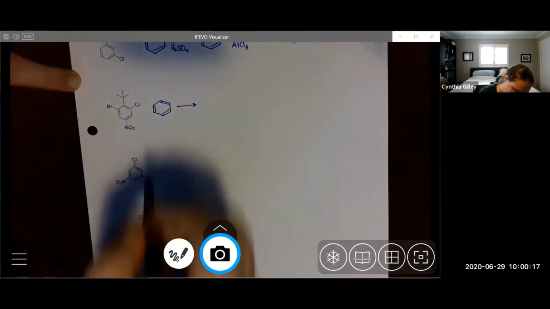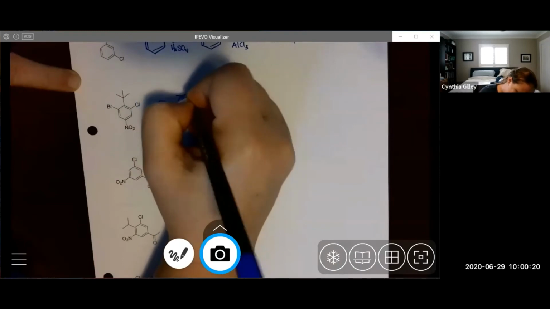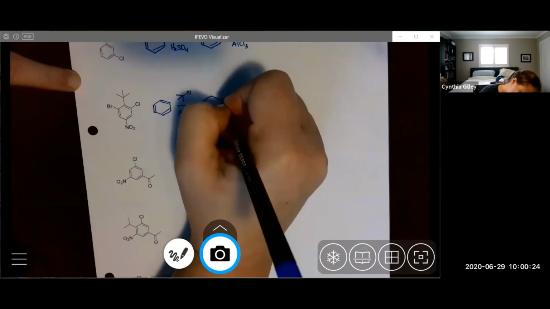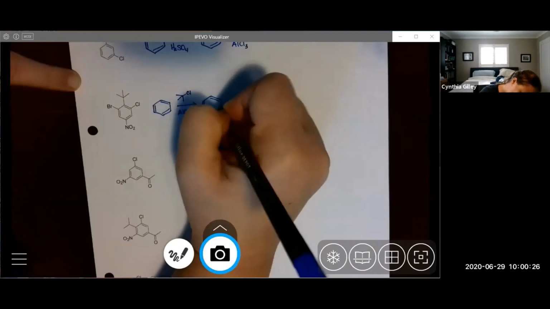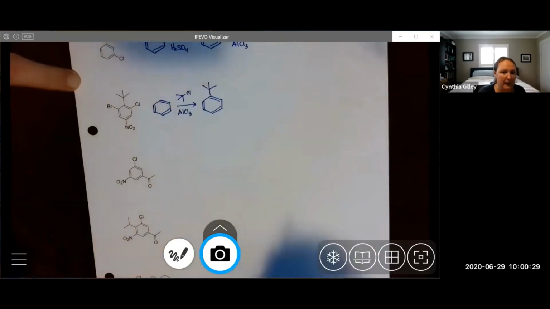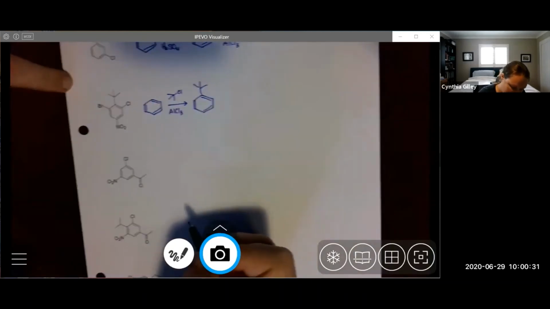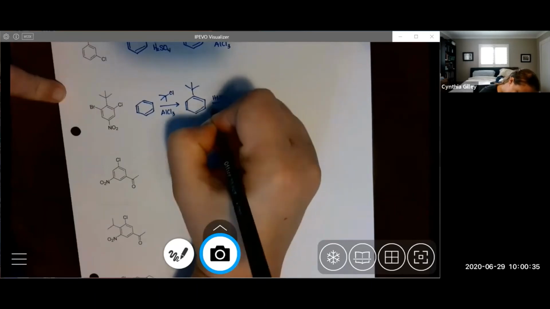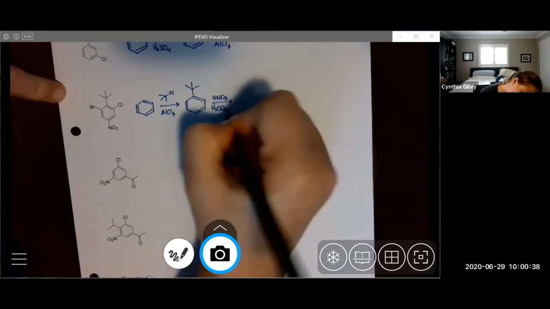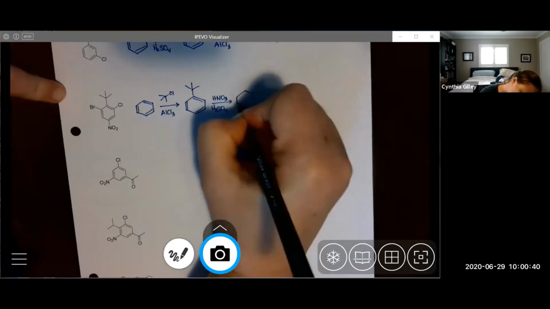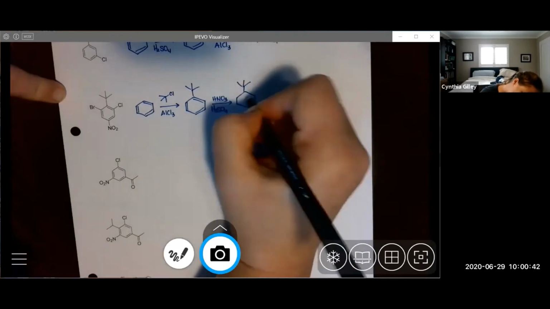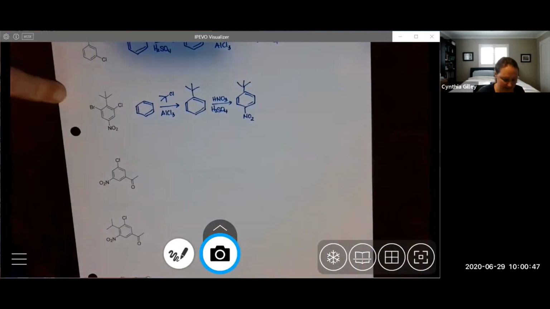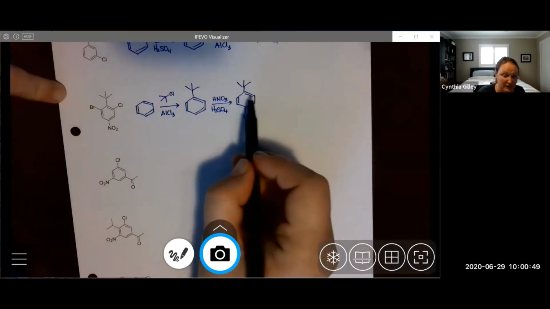So you can do a Friedel-Crafts alkylation reaction, which would introduce the tert-butyl group, which is now a para director. Now I can introduce the nitro group. Now, both of those groups are directing to these two positions.